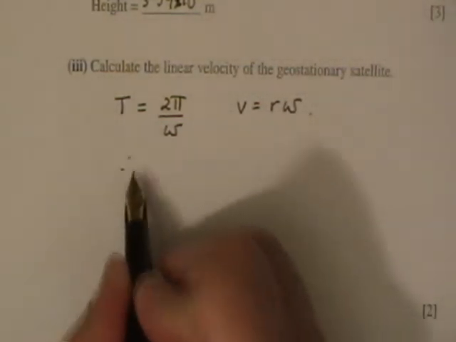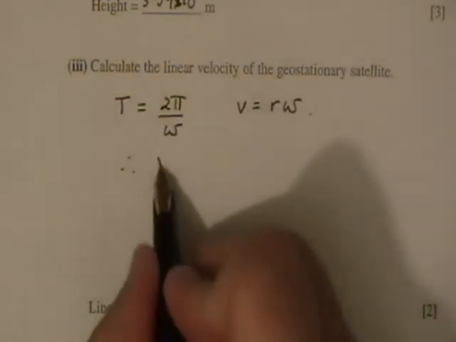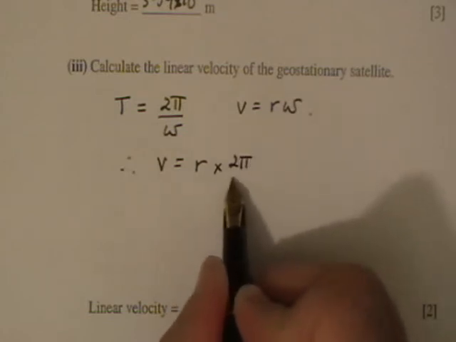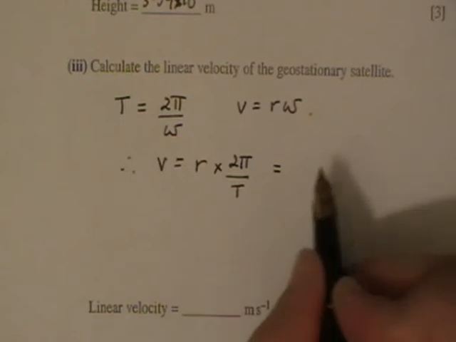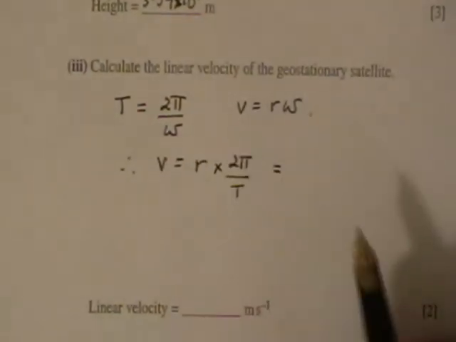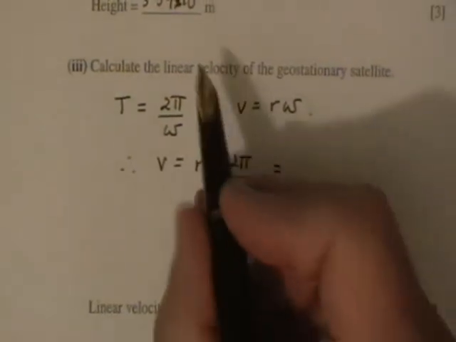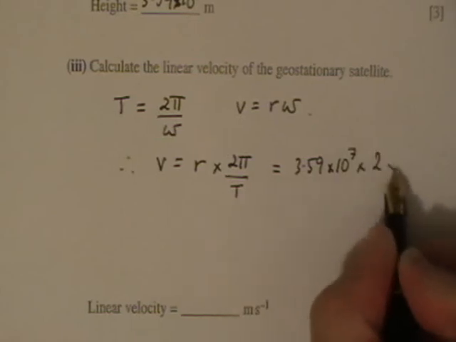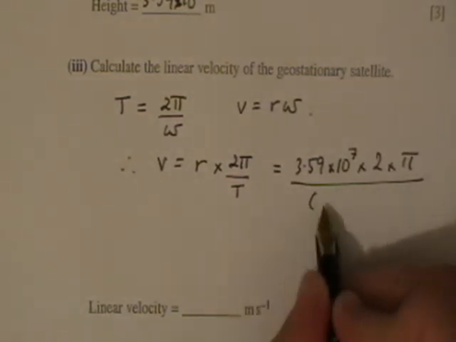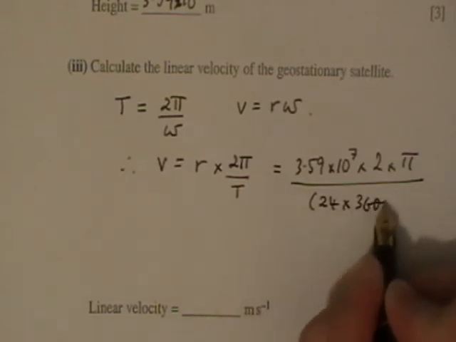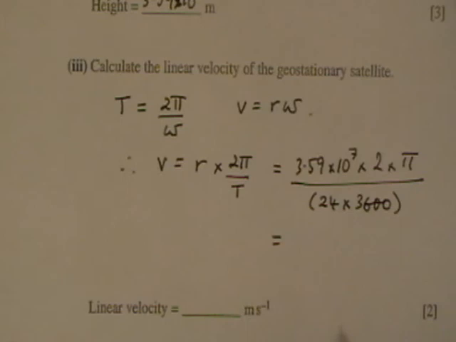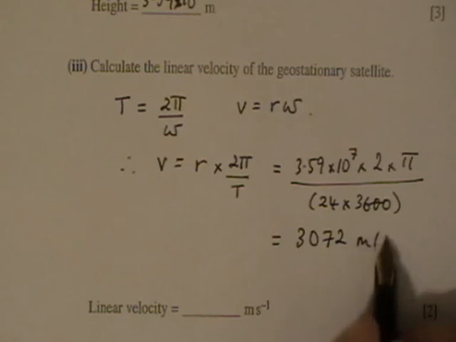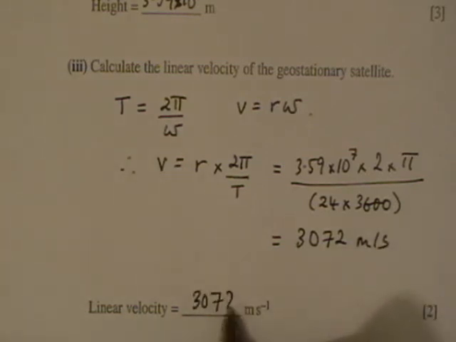Therefore, if we rearrange that, v is equal to r times 2 pi over T. So it's equal to, well, we just worked out the satellite height, so that's 3.59 times 10 to the 7 times 2 times pi divided by 24 times 3,600. Fill those in, and that gives us 3072 meters per second.